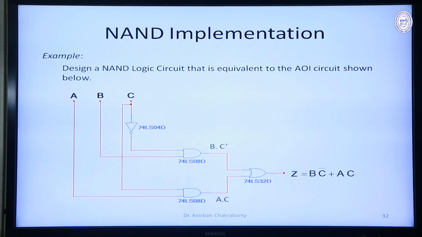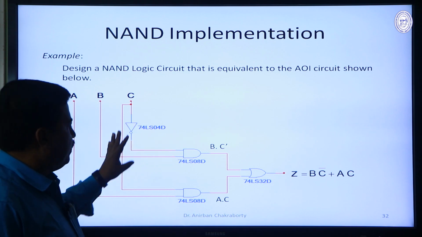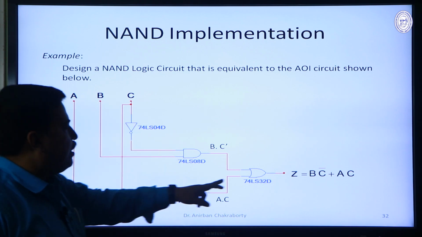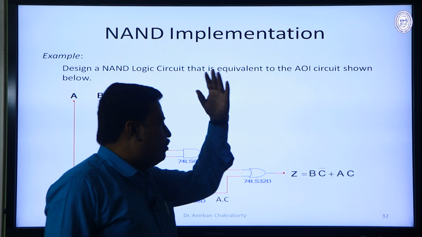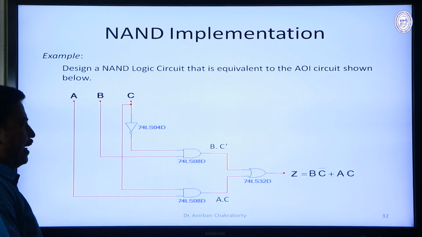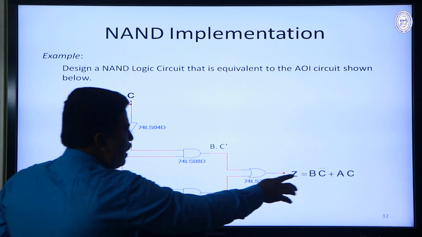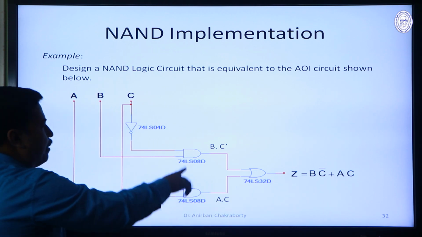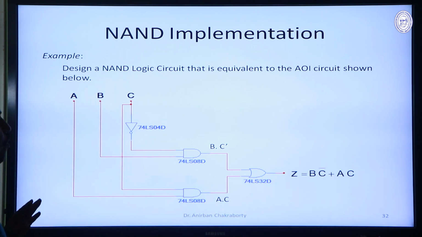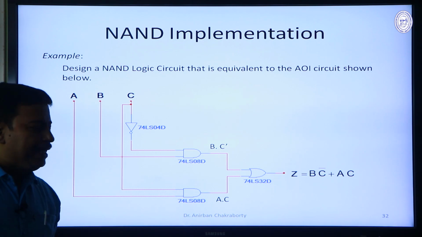Now suppose this is the circuit. Here all three types of gates are there, and I want to realize this expression. Using the previously learned mechanism, I have drawn this, using the basic gates. Now my motto is to realize it using NAND.